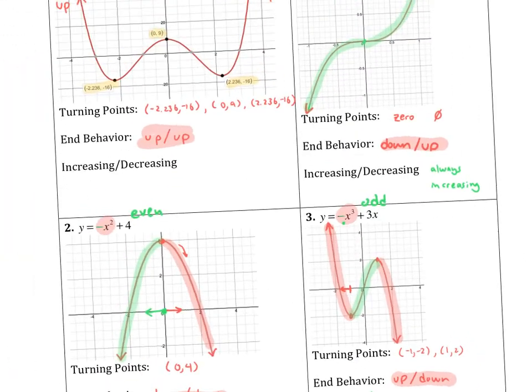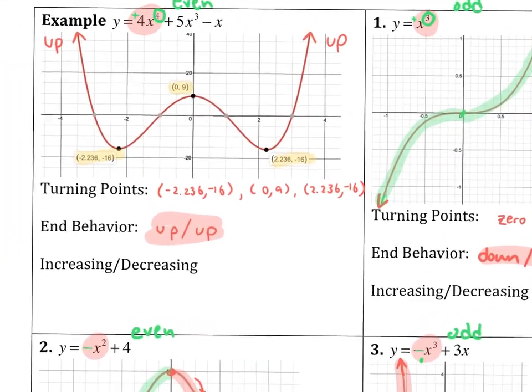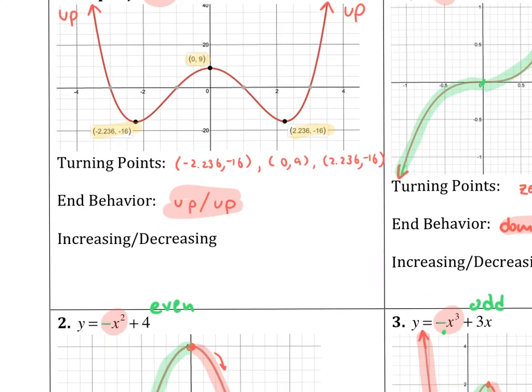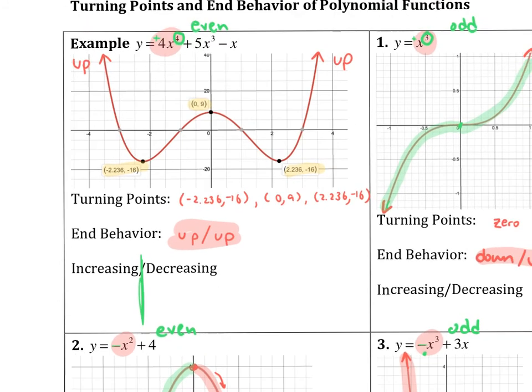The last one here is a little bit more ugly to do just because we have so many decimals, so I'll try to keep organized. When are we increasing and when are we decreasing? Let's look here. It increases from here to here.